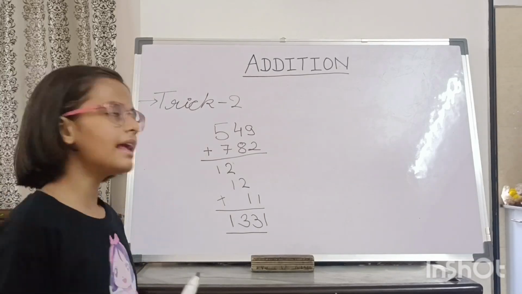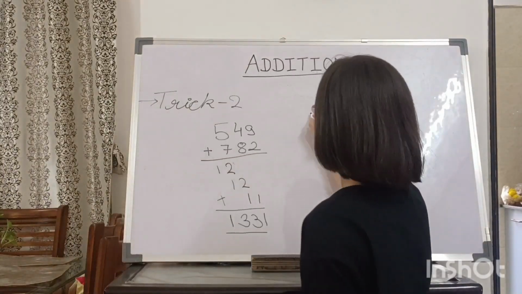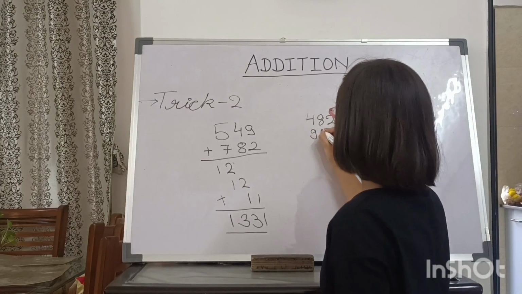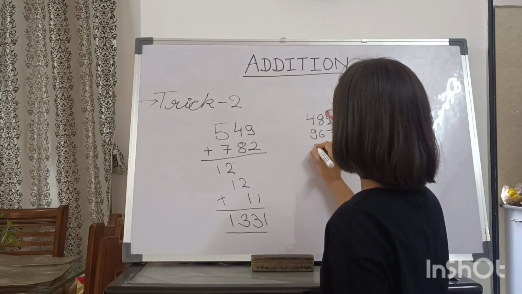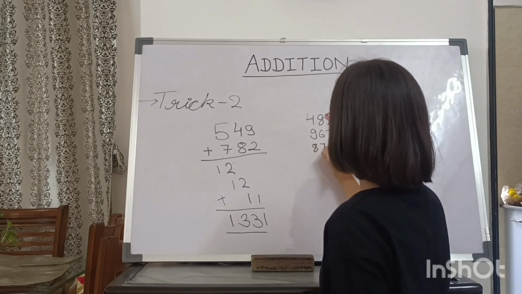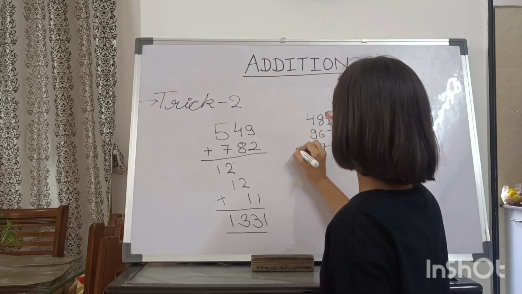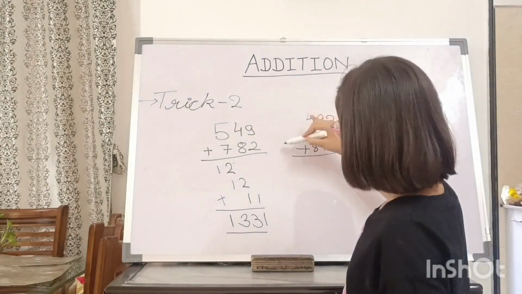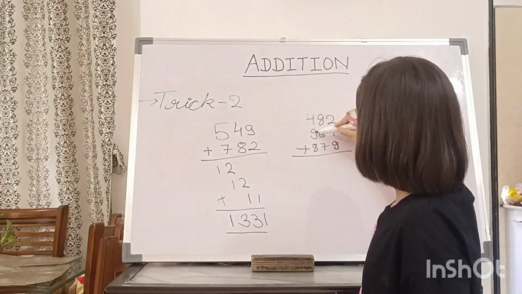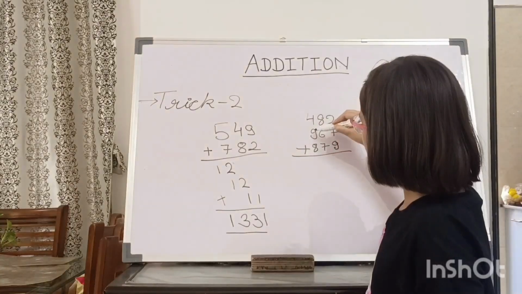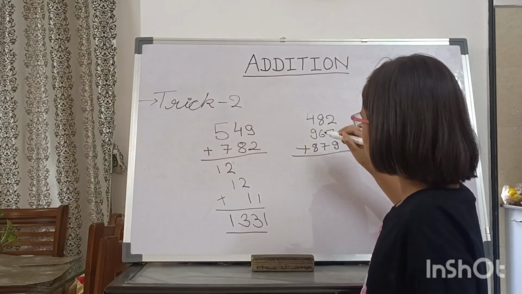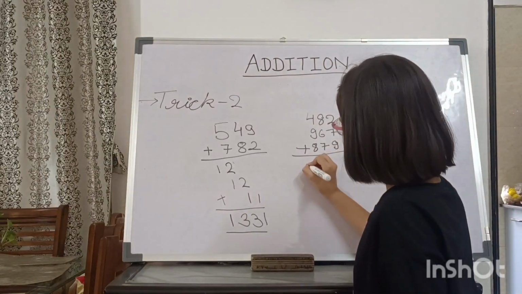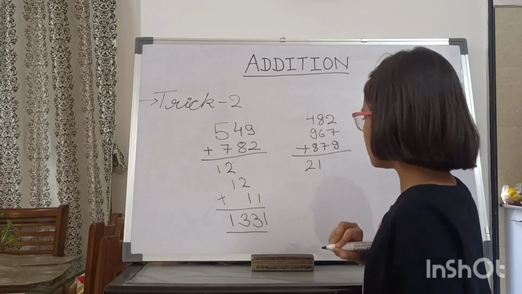So now let's take another example, that is example 2. For example, let's say 483 plus 967 plus 817. So in this also we have to start from the left side. So 4 plus 9 plus 8 is 21.